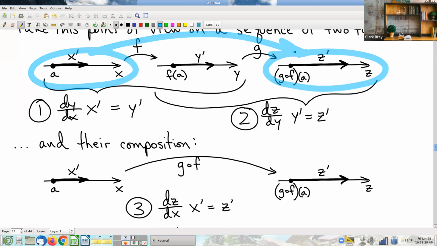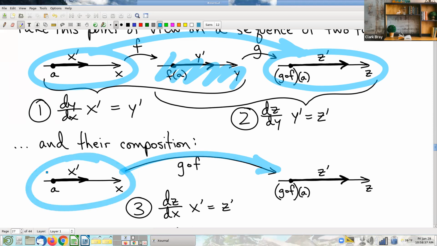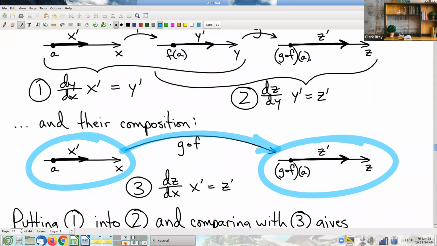So forget about what's going on in the middle. Just think about the composition, g compose f, that takes x values in, gives z values out. Yeah, there's an intermediate step. We're not talking about that, right? Right now, we're just talking about the composition where x is the input, z is the output. Don't worry about what happens in the middle. And looking at this, well, the derivative, now dz dx, is what relates input changes and output changes.